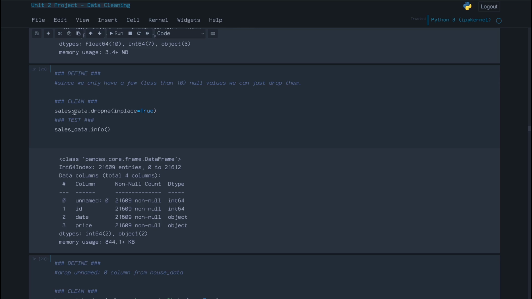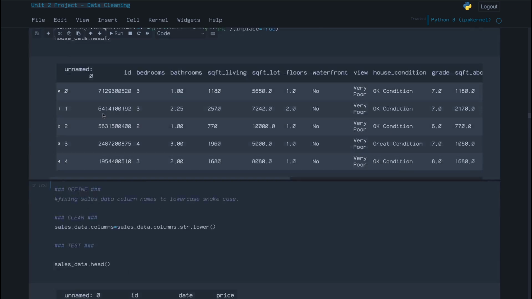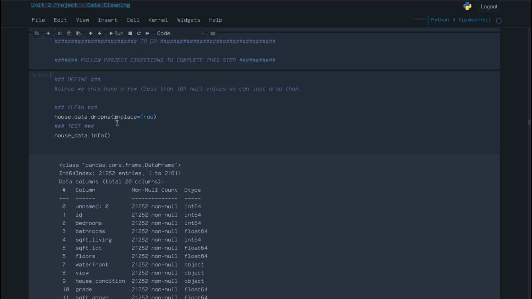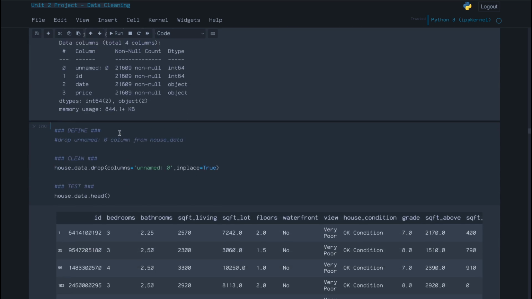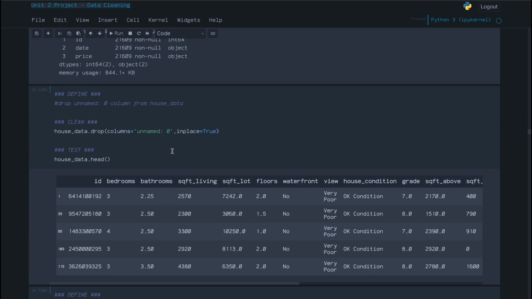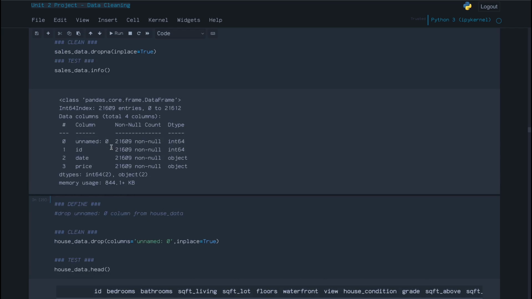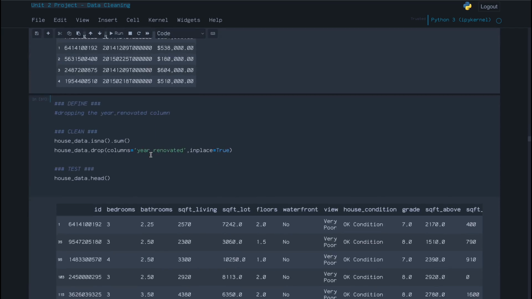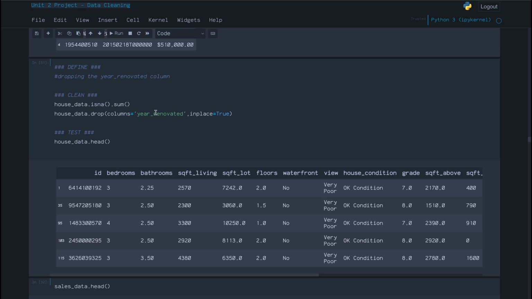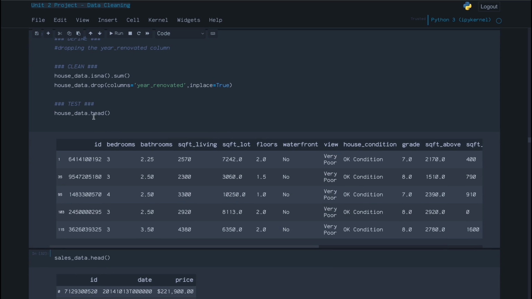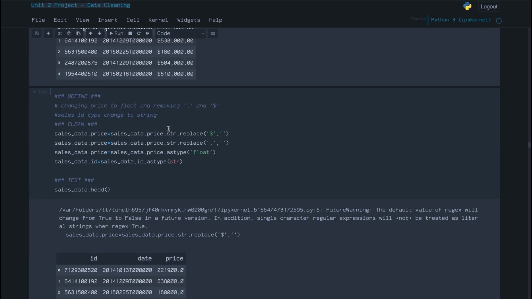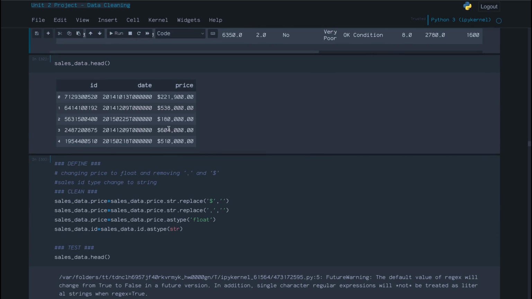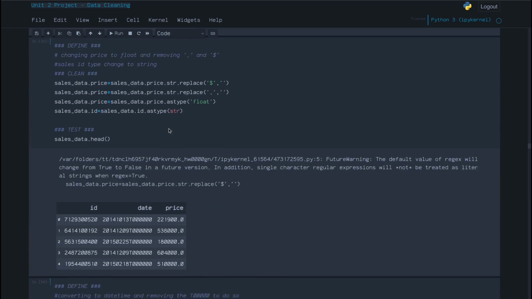The same goes for sales data. After that I dropped the unnamed column at the beginning of both data frames. And I also dropped the year renovated, since it wasn't important at all. The info wasn't of any use to us.